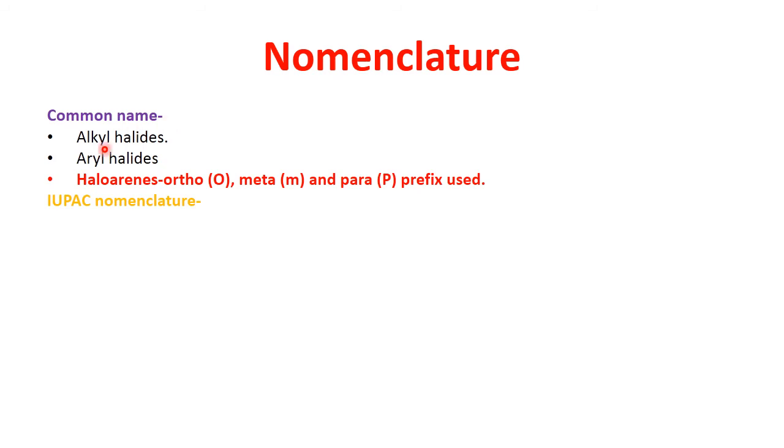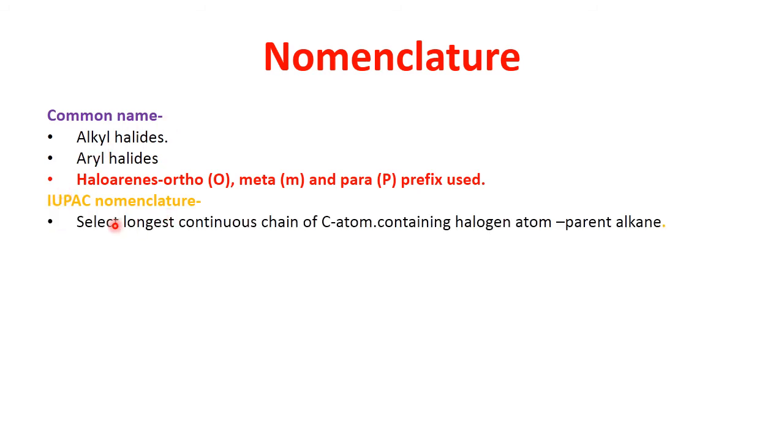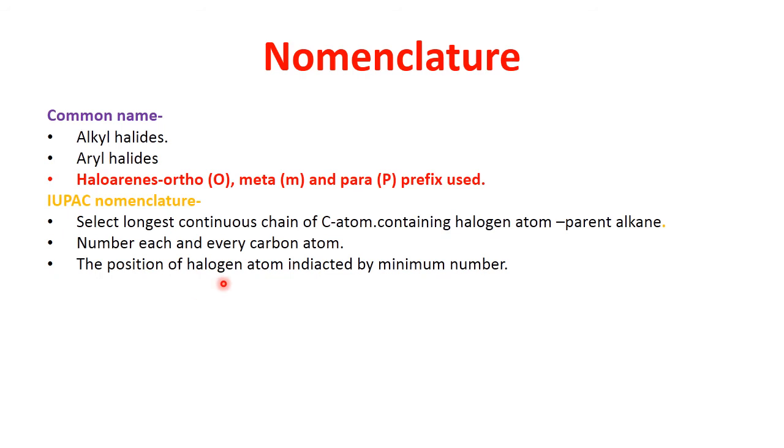Here are some rules we follow for IUPAC nomenclature. First, we have to select the longest chain of carbon containing the halogen atom, and that longest carbon chain we consider as the parent alkane. Then we number each carbon atom present in this parent alkane in such a way that the position of the halogen atom is indicated by the minimum number, and these compounds we name as haloalkanes.